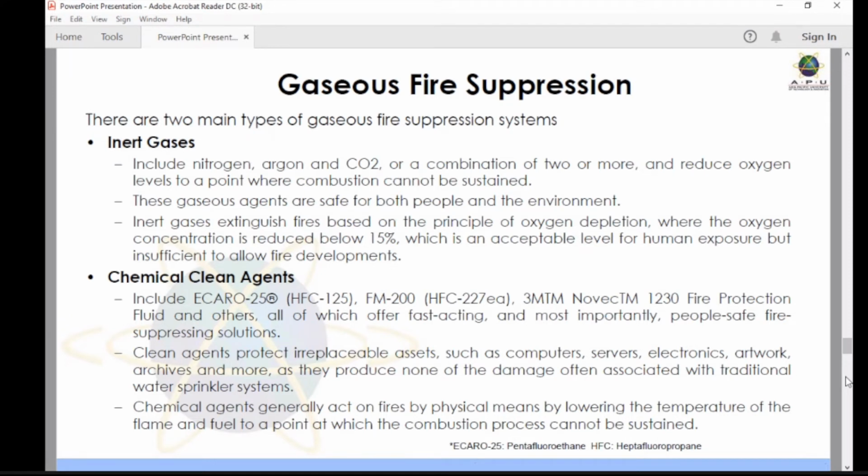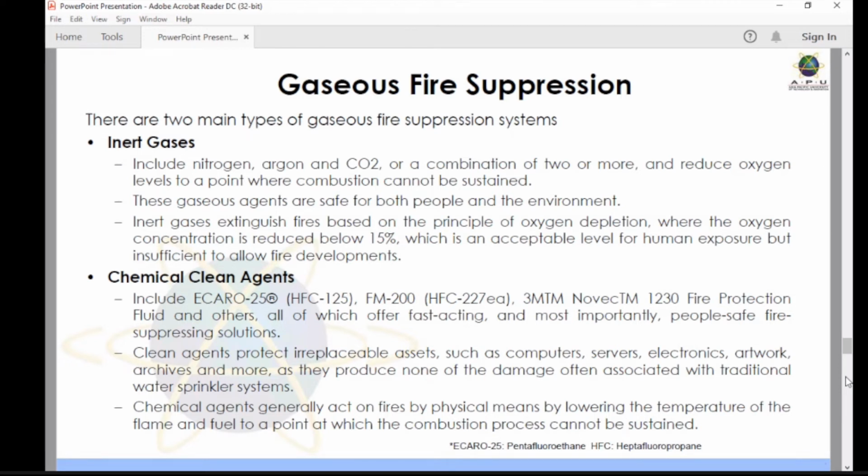That's why it's not like other gases that have health hazards. Okay, like carbon monoxide we discussed. Or other gases also, chlorine also. Okay, this can affect human beings. So there are some gases that are not good for humans. These gases are safe for both people and environment.